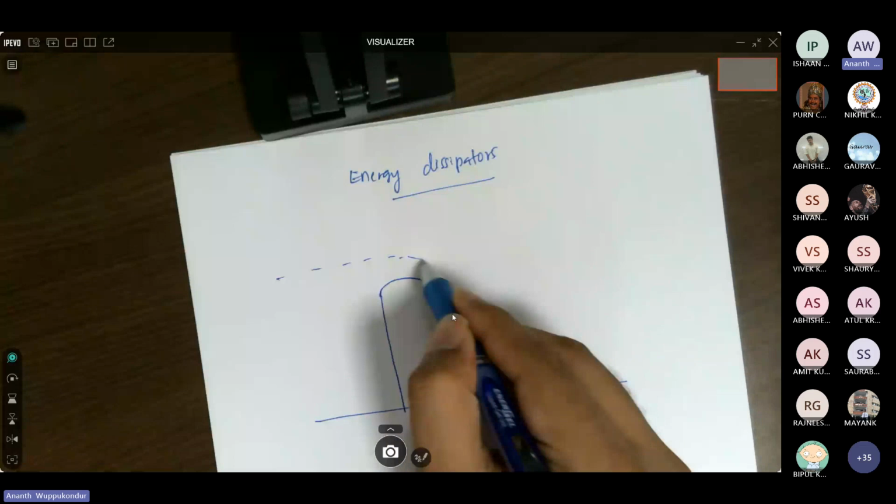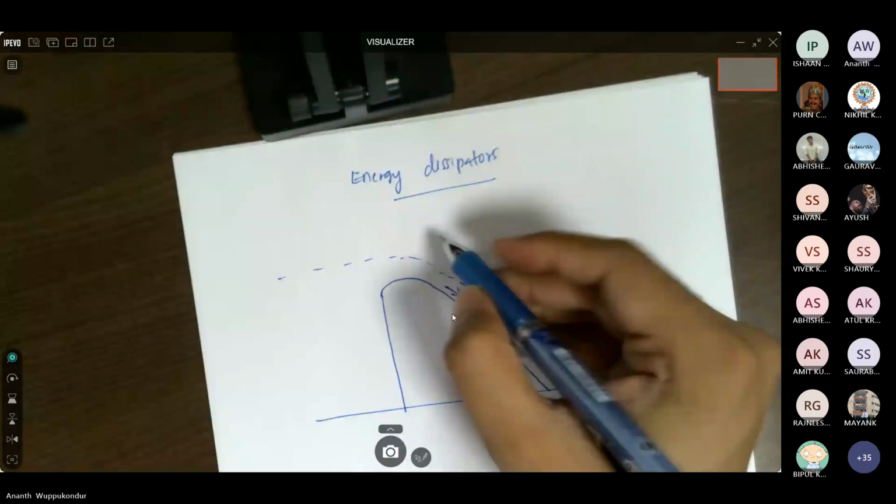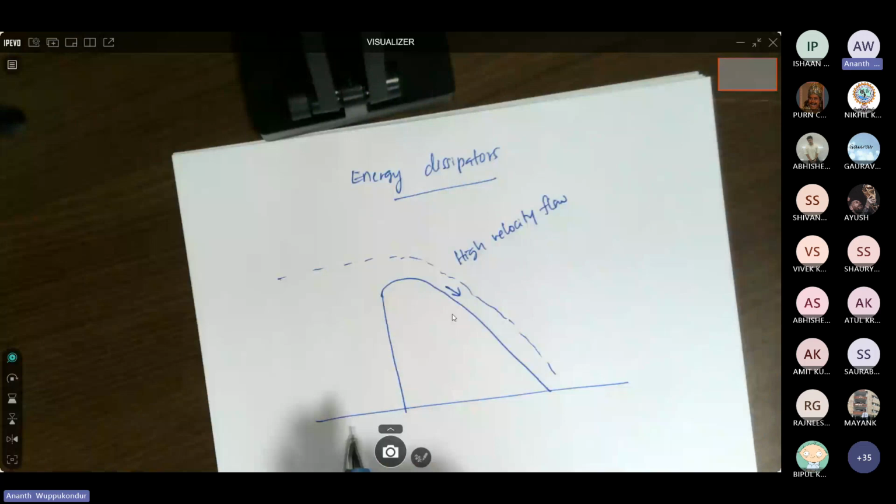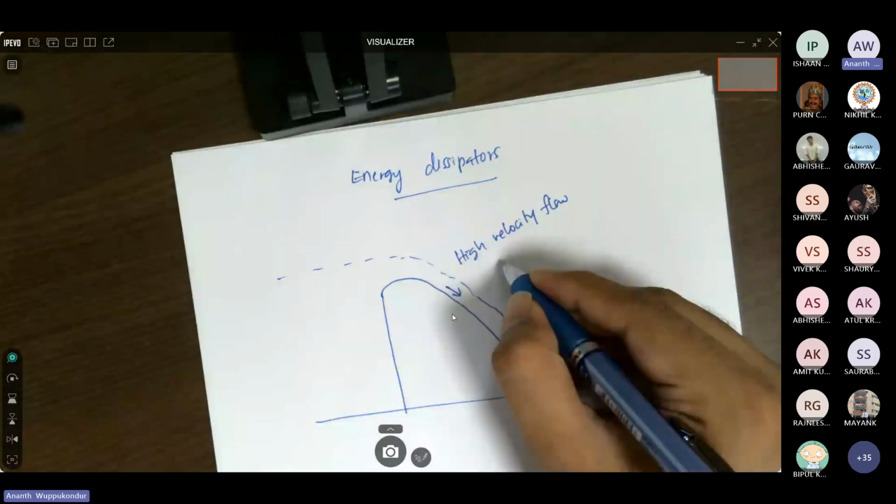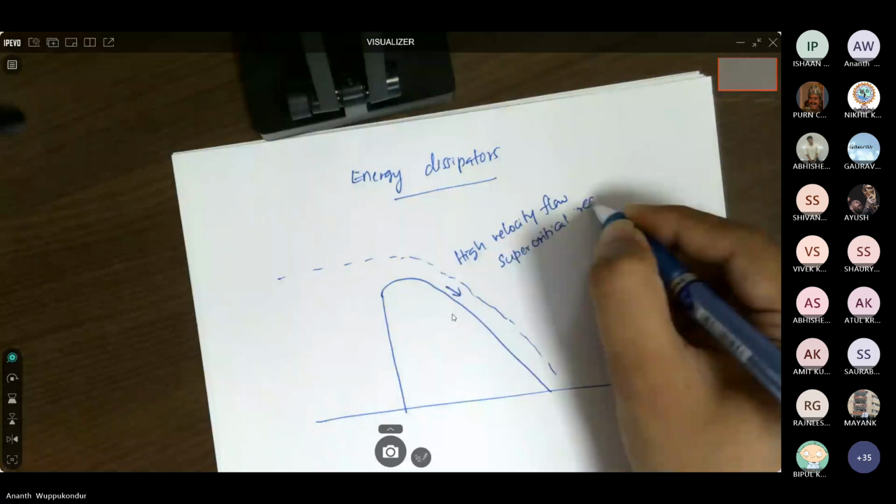Now this is going to be a high velocity flow, and this high velocity flow is generally supercritical regime, and this has a tendency to erode bed materials.